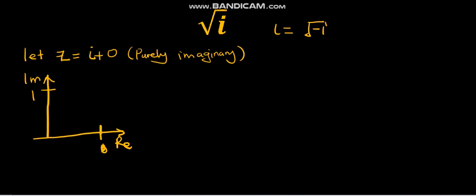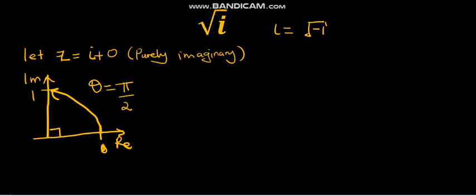So we shall move from the positive real axis up to the point on the imaginary axis, and we shall measure the angle, which is 90 degrees. Therefore the argument is pi over 2.